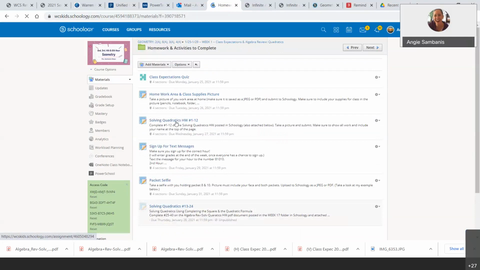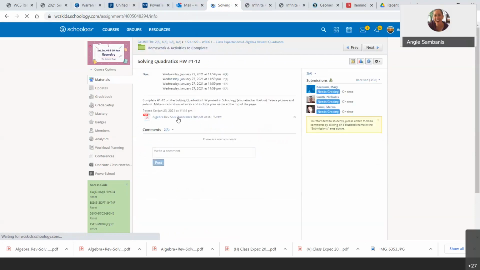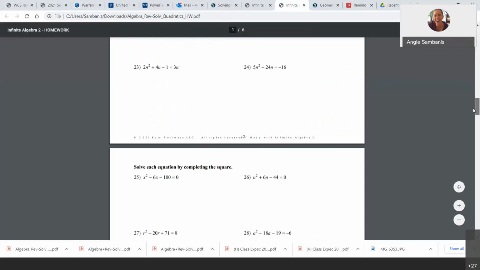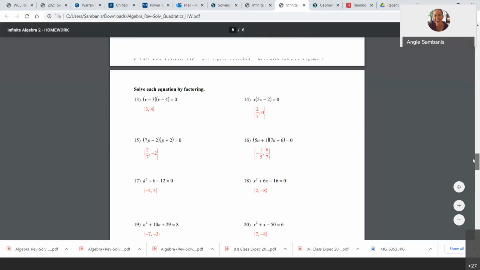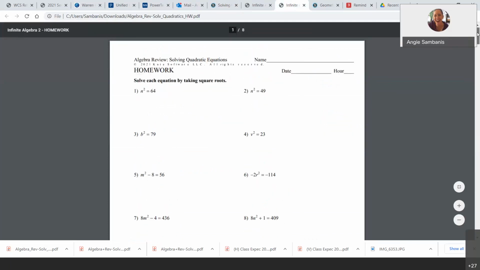Right here, where we have solving quadratics homework numbers 1 through 12, you click on it. I put PDF right here. You're just doing numbers 1 through 12 of the PDF. And the answers are attached. I'll post all of them, but you're only doing numbers 1 through 12 here.